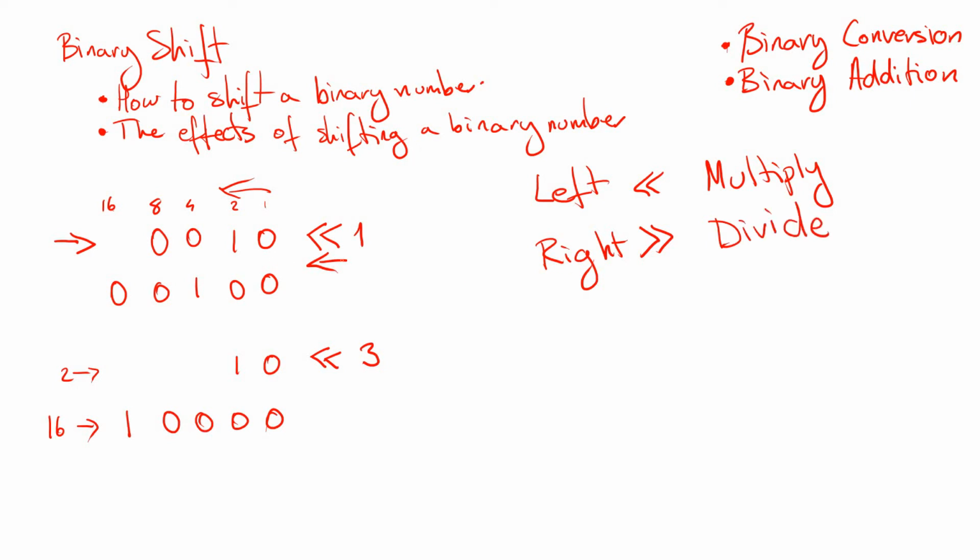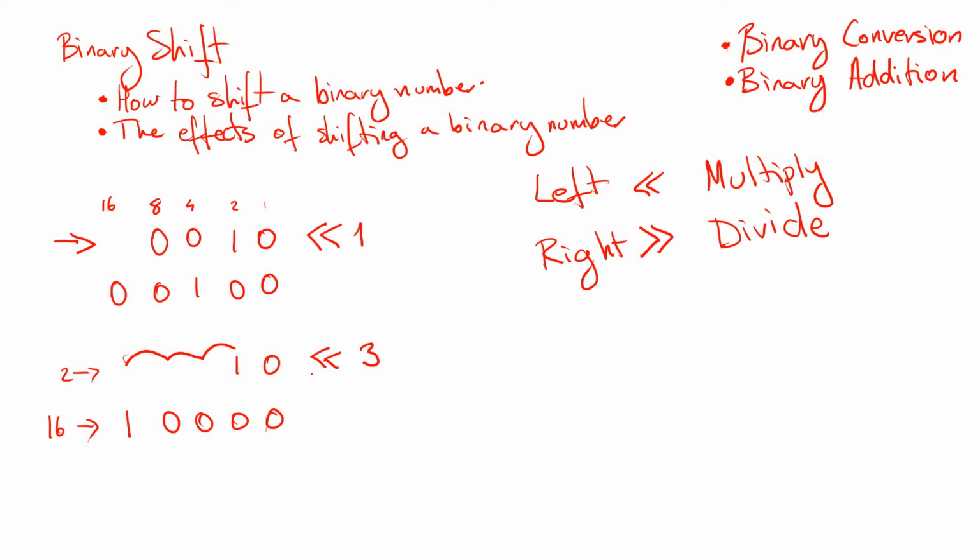So we can see here, by shifting this number 2 once to the left, we are multiplying the number 2 by 2, and it's becoming number 4. If we shift the same number 2 down here to the left by 3 places, we are multiplying it by 2, by 4, by 8.